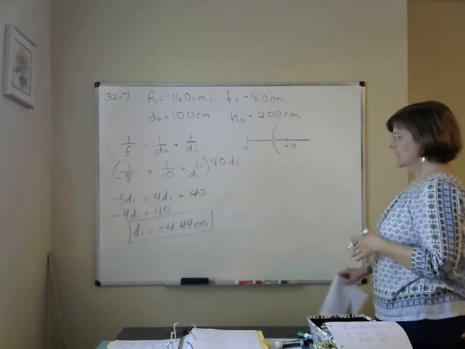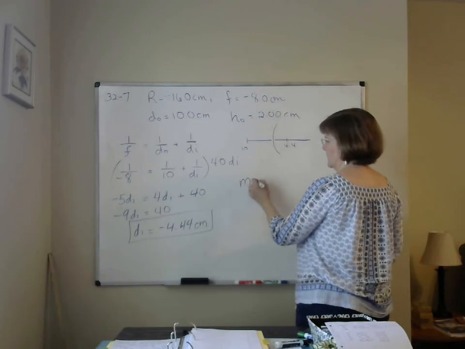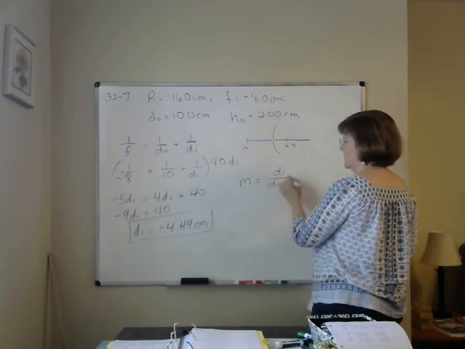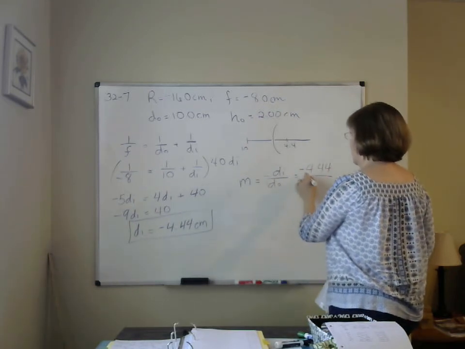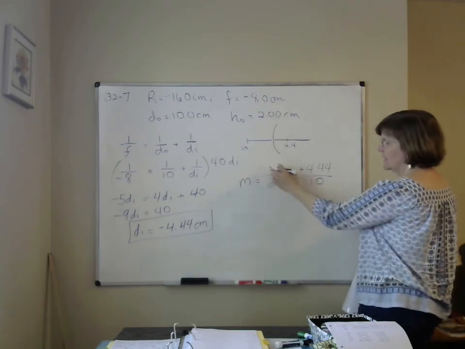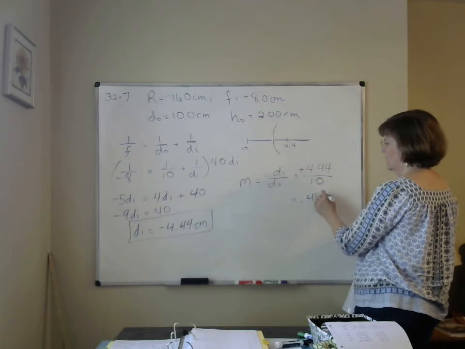If I want to get a magnification, it's negative di over do. That's negative 4.44 divided by 10. Oop, that's positive. It's a negative of a negative. So 0.444.